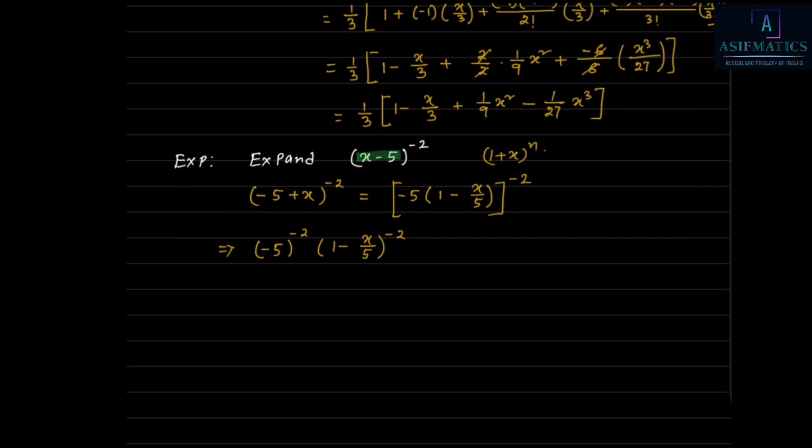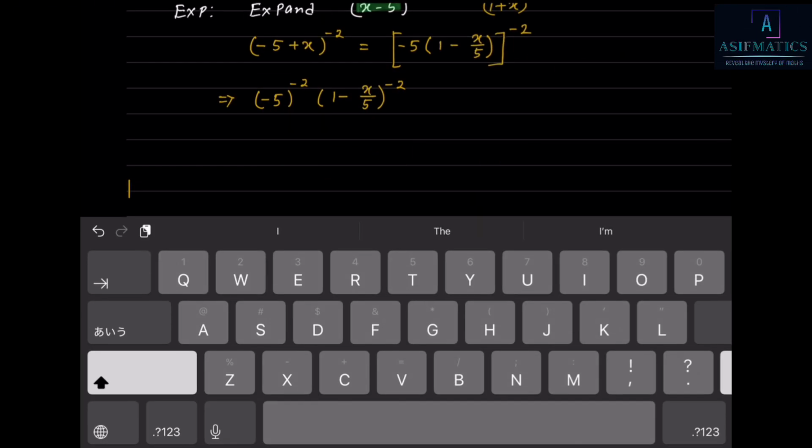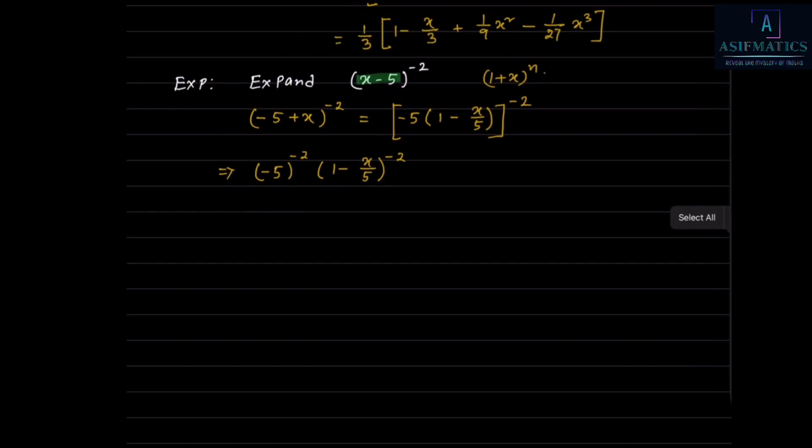So you know what to do now. Minus 5 to the power minus 2 means we can write minus 1 by 5 square. And then within the bracket we have 1 minus x by 5 to the power minus 2. So here simply we can write minus 1 by 25.